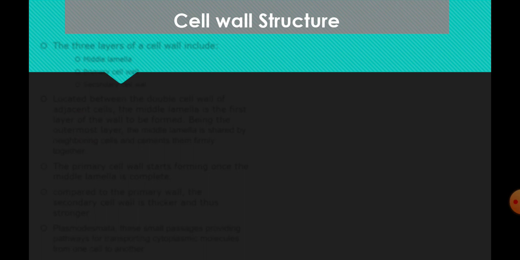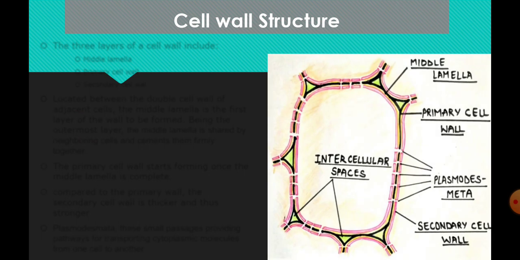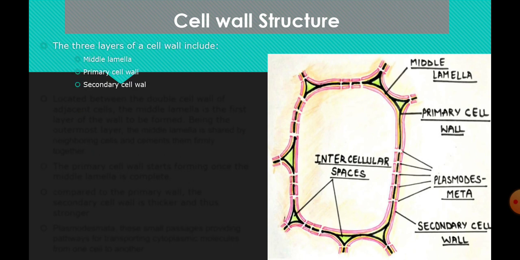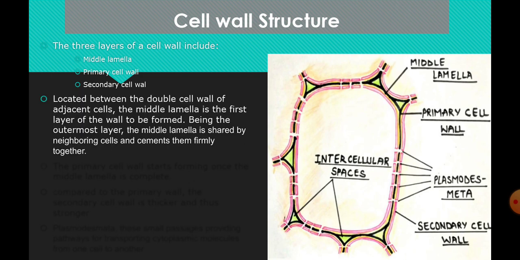So now let's know the cell wall structure in detail. There are 3 layers in the cell wall: middle lamella, primary cell wall and secondary cell wall. The middle lamella is the first layer of the cell wall to be formed, and it's the outermost layer, and the middle lamella is shared by neighboring cells.